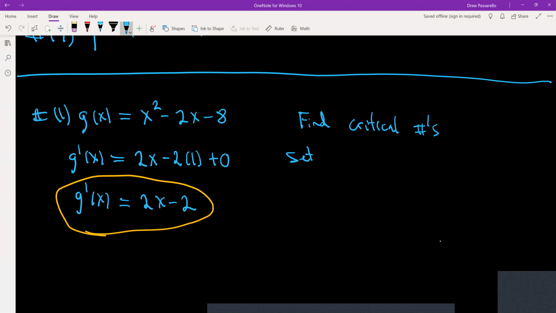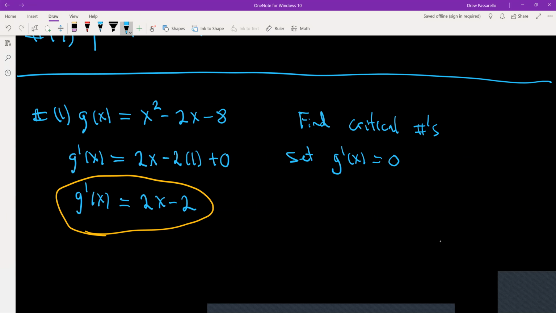So set g prime equal to 0. We have 2x minus 2 equal to 0, and solve for x. You add 2 to both sides, so you have 2x equal to 2, and then divide by 2, so x is 1.